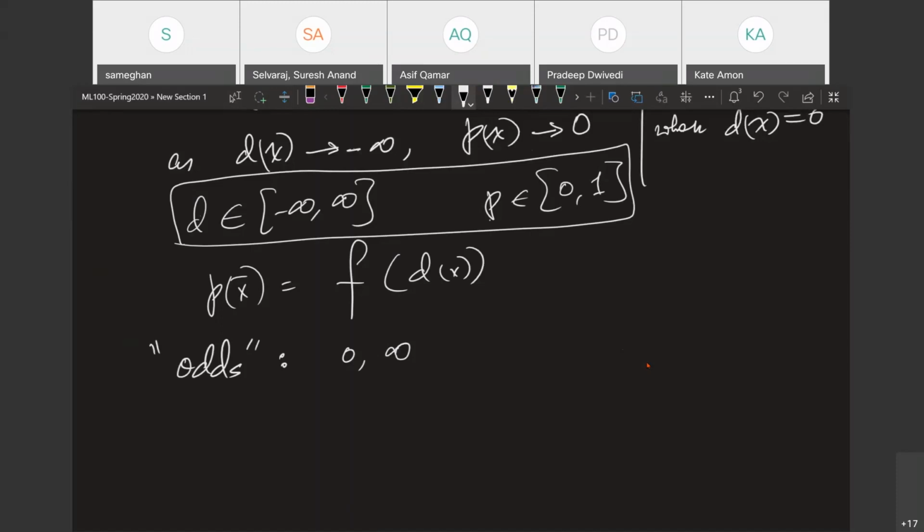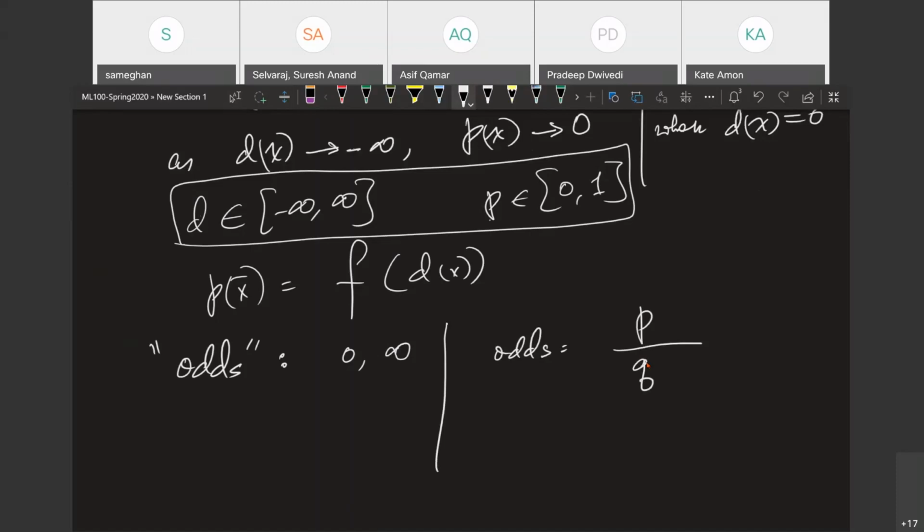Talk in terms of odds. Usually you don't find common people talk in terms of probability, where probability goes from 0 to 1. So what is the definition of odds? Odds is defined as the probability of something over the probability of its not happening.